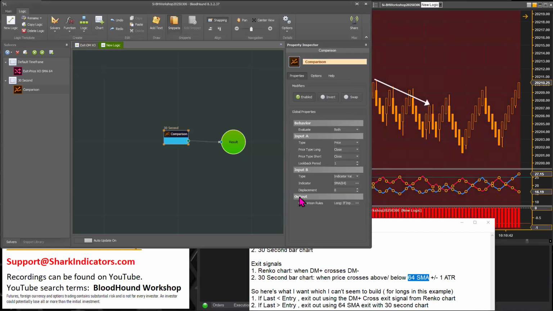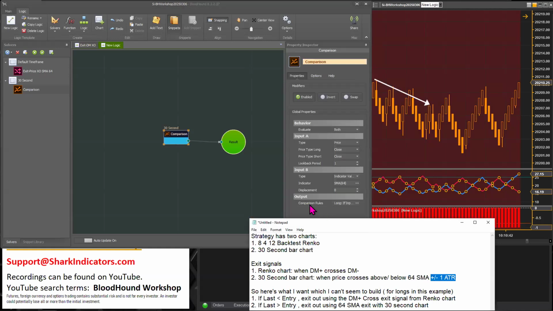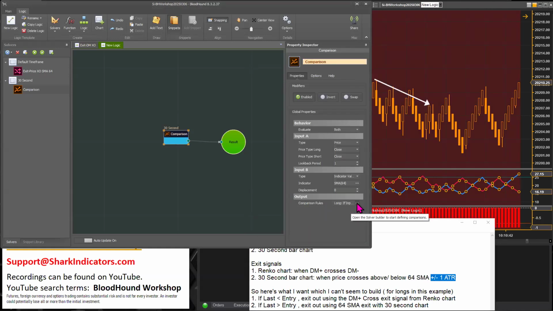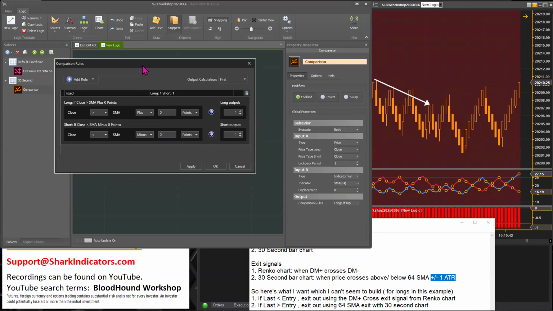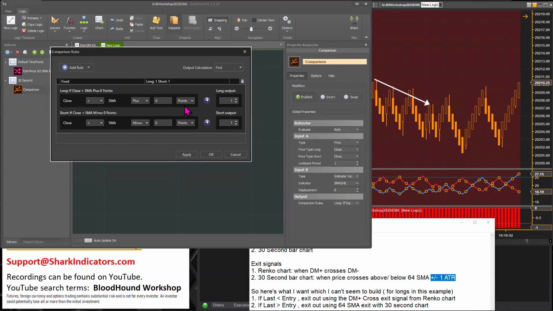So we have that, and so now, with the ATR, the exception here is in the rules window. So in the rules window, one of our offsets that we have available to us is ATRs, right? So I can switch both of these over to ATRs there.